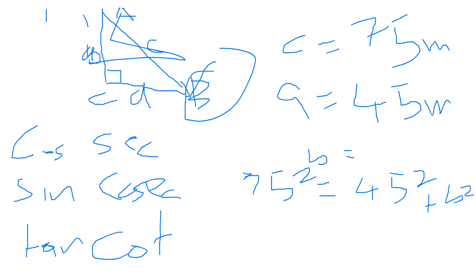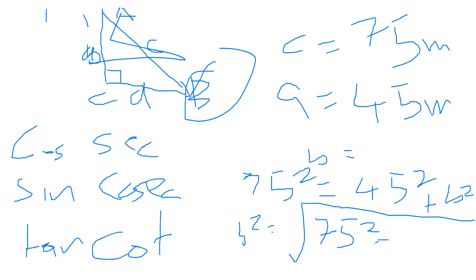So B squared is equal to 75 squared minus 45 squared, and B is the square root of that.